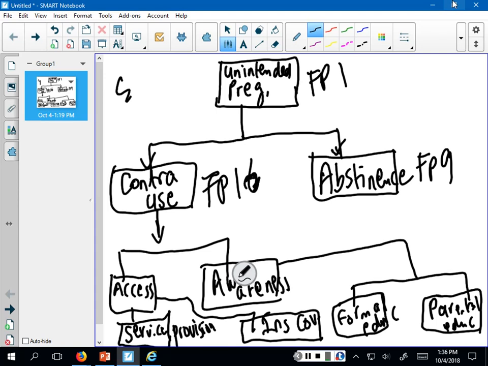So FP9. And the baseline 73% in 2010 to a target of 80% in 2020. Okay. Awareness is FP12. Access is FP15.